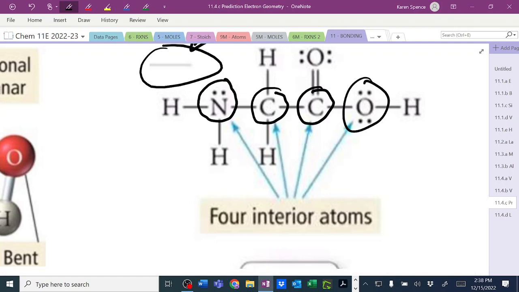So if we look at the N, what's its steric number? 4. How many lone pairs? And when we have a tetrahedral shape, but one of them is a lone pair, what are we left with? We're left with a triangle pyramid, so trigonal pyramidal.